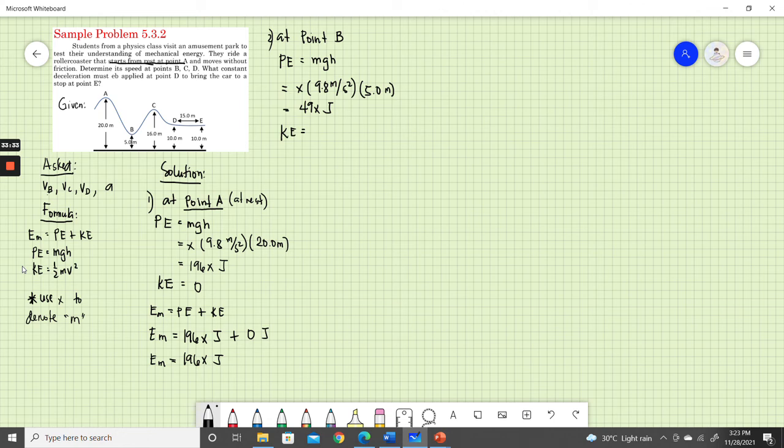Therefore, there's kinetic energy at point B, and we know the kinetic energy is equal to 1/2 mv squared. We don't have the velocity, and that's what we're looking for. So EM is equal to PE plus KE at point B, and EM here is equal to 49x J plus some KE.